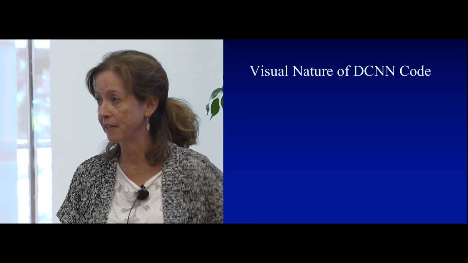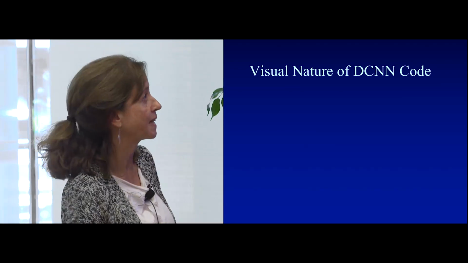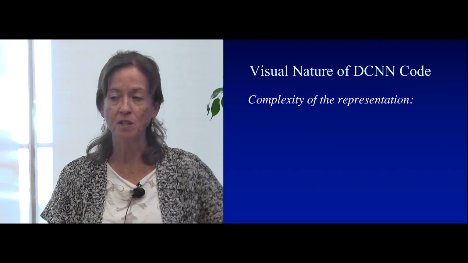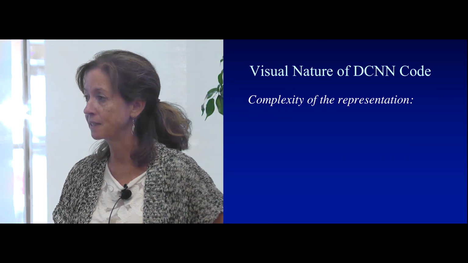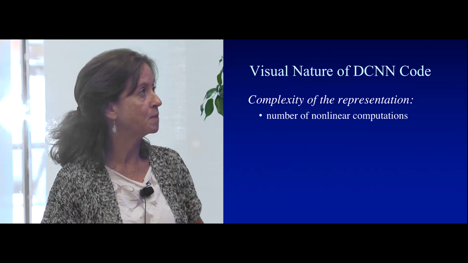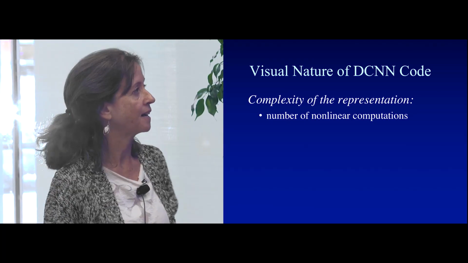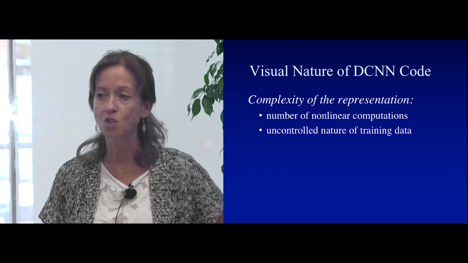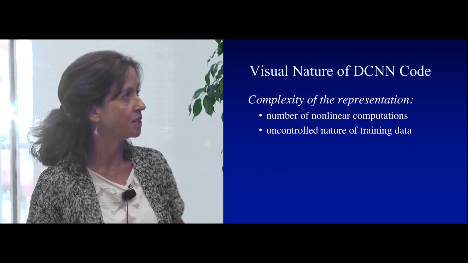It's very puzzling, and it's puzzling for people in neuroscience, for the computational people, and for the psych people. But we should excuse ourselves for not understanding this when we think about the complexity of the representation, both in terms of the number of nonlinear computations that produce this representation, and also the uncontrolled nature of the training data, which is not talked about that much, but I'll mention here.